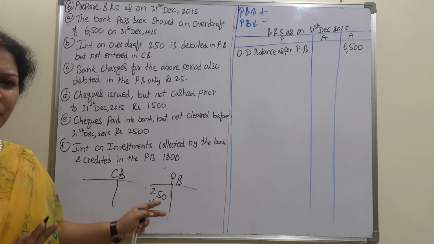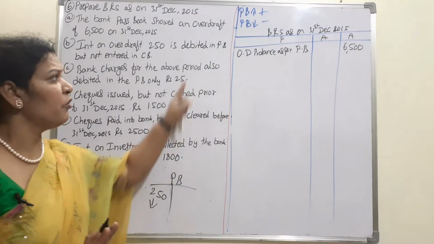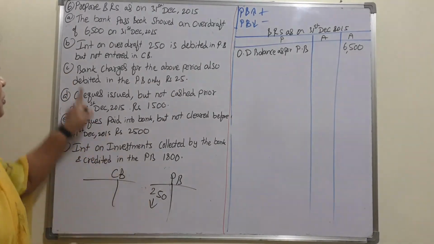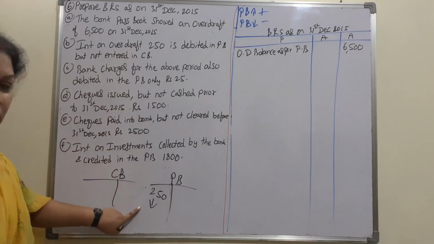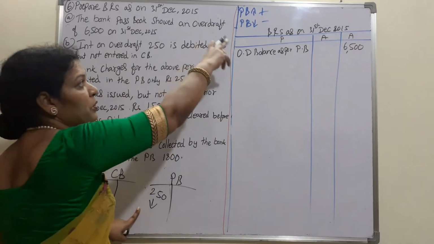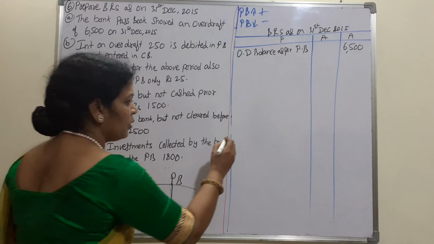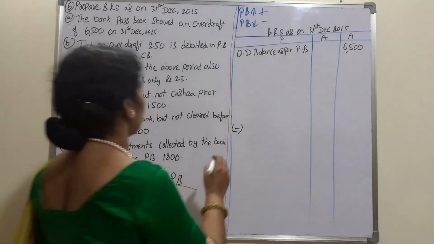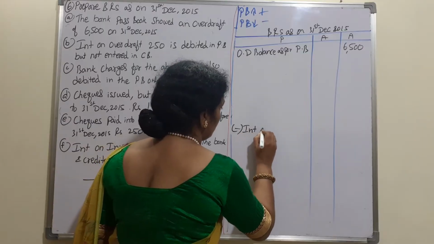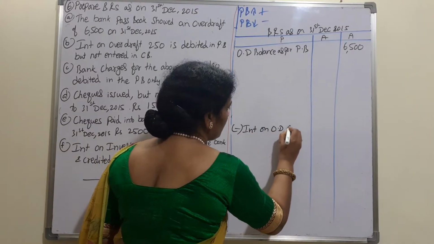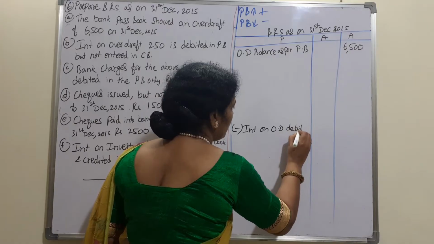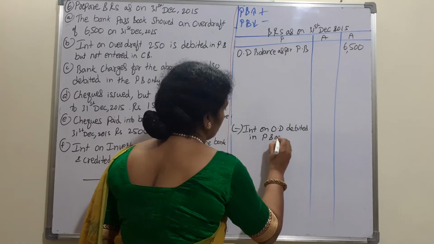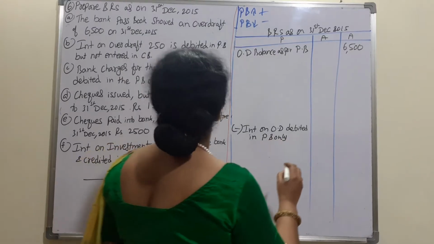The method is the same, only the formula we have changed in case of overdraft. So minus interest on overdraft debited in passbook only, 250.